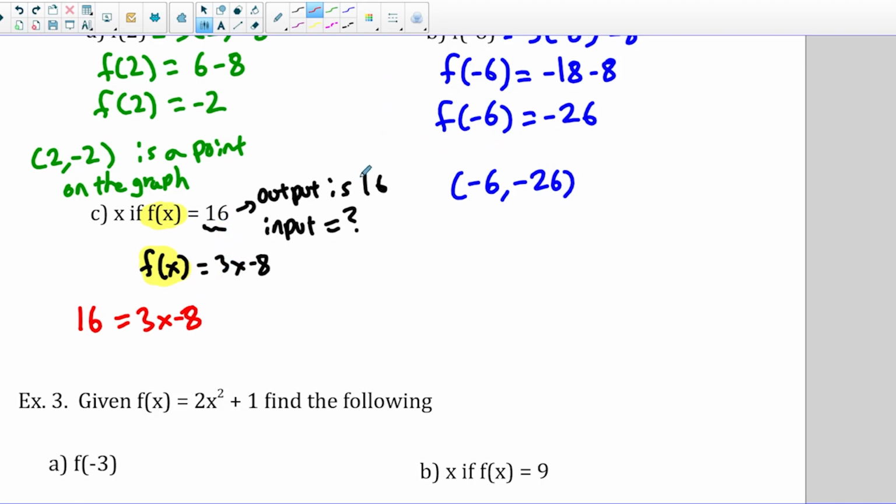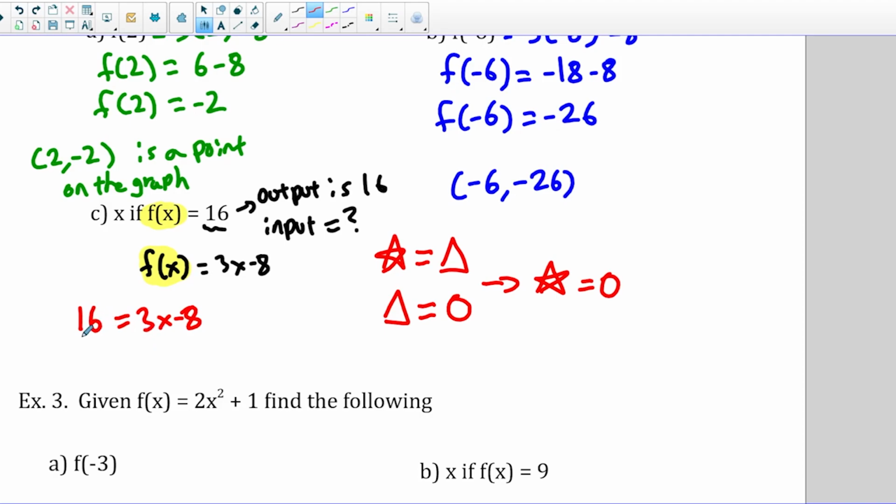If you're having troubles following along, we can think of it like this. If I know that a star is equal to a triangle, and then I tell you that a triangle is equal to a circle, what's the relationship between the star and the circle? It just really means that I can also equate the star to the circle, which is exactly what we've done here. f of x is equal to 16, and f of x is equal to 3x minus 8. So I can make the two equal to each other.